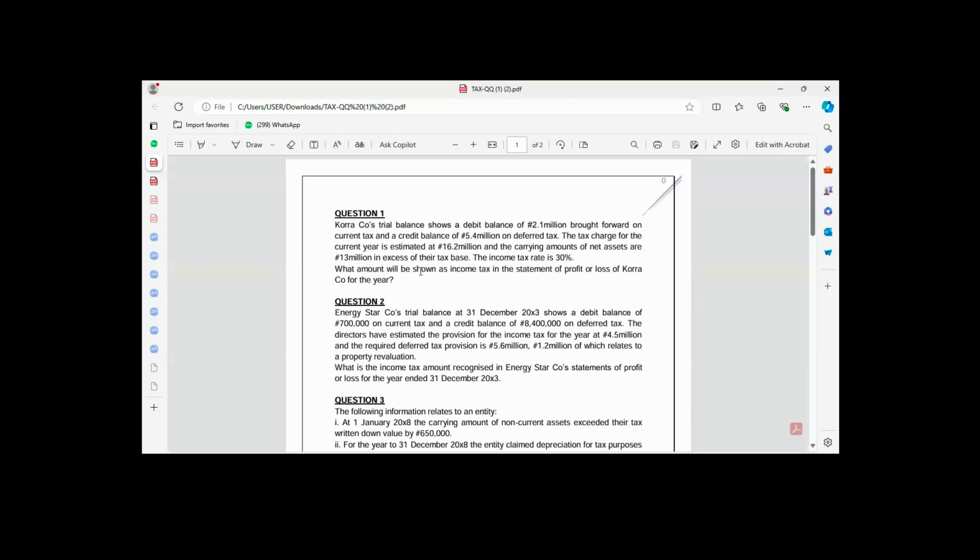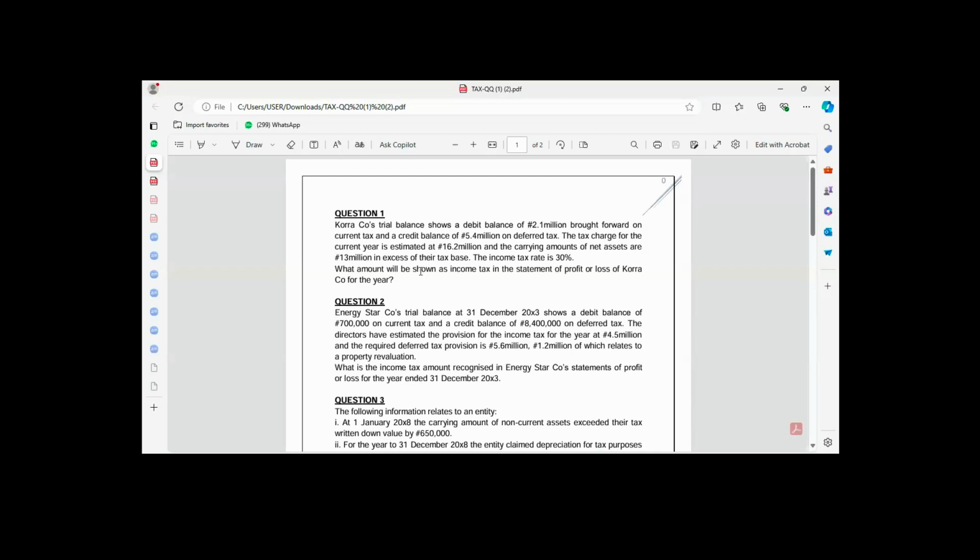Don't forget, in the trial balance, what did they bring forward? At the first day of 2002, it shows a debit balance of 700 on the current tax. It is a debit balance. What is that one? Under provision. The credit balance is deferred tax. Good.